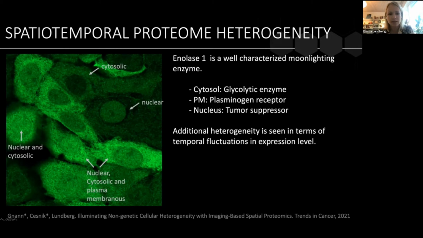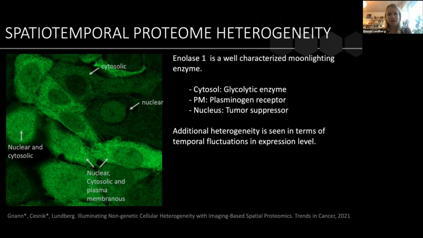And enolase 1 has known functions in these different compartments. It's a glycolytic enzyme in the cytosol. It's a plasminogen receptor on the cell surface, and it has some kind of DNA binding tumor suppressing activity in the nucleus. And then we also see additional heterogeneity, because the drawback with antibodies when studying proteins is, of course, that we cannot multiplex everything, but it's also that we cannot really compare signal intensities from one protein to another, due to different affinities of the antibodies.